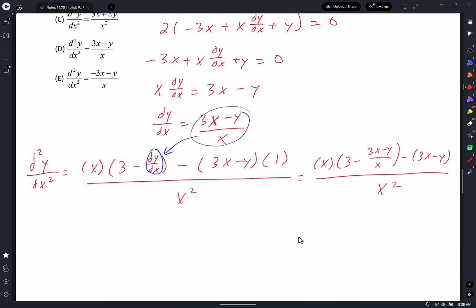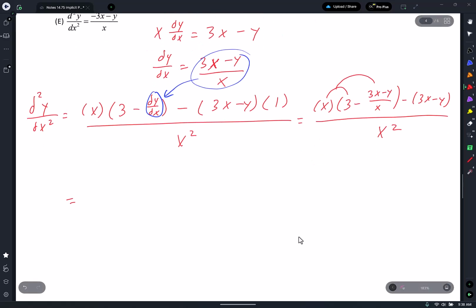I'm going to distribute this x. So here's what I'm getting now. I'm going to get 3x minus, put a parenthesis because you're going to get it confused. Put a parenthesis right here because we have to distribute that minus. That x cancels out when I distribute.